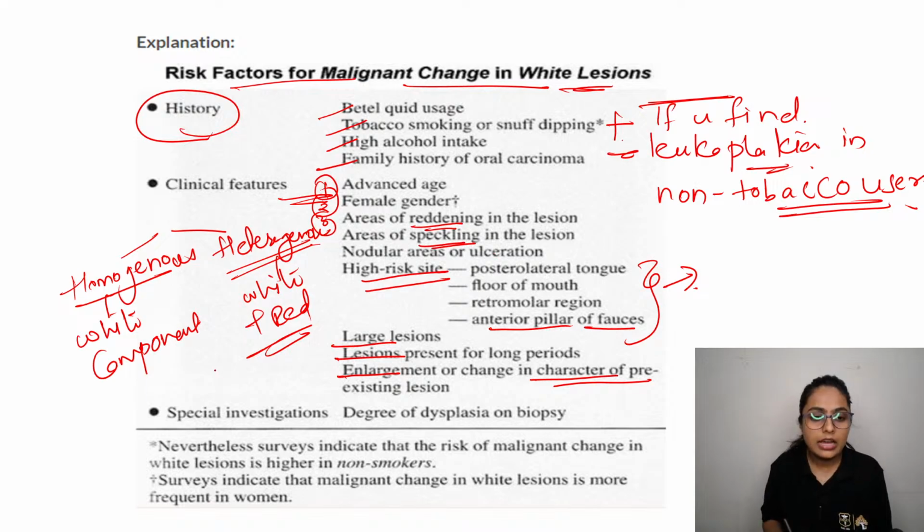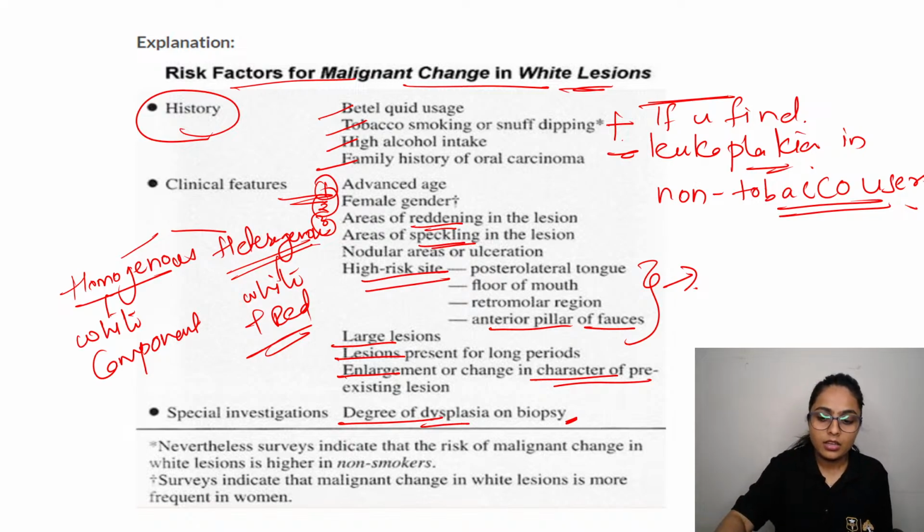And you will order special investigations. You will see the degree of dysplasia in such lesions. So just memorize this chart, just memorize these points. You will be able to answer such kind of questions very easily.